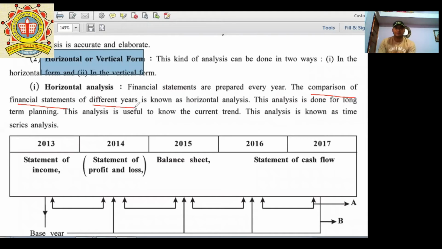of different years. Let's say here 2013 is the base year. In 2013 there is a net profit of 1 lakh. Then after, in 2014 it increased to 1 lakh 50, then 2 lakh, then 1 lakh, then 3 lakh.